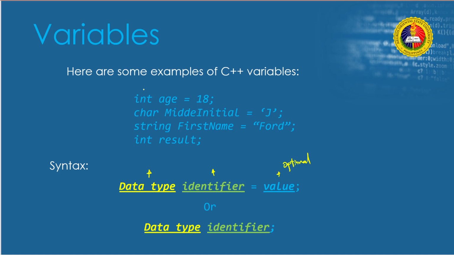Why is it optional, man? When do we make it optional? Okay, let me just answer that para magdali na. The reason why it's optional is because as much as possible, we want our user to input the value, depending on how we want to use our program, but in most cases, we want the user to initialize or to input the value itself.